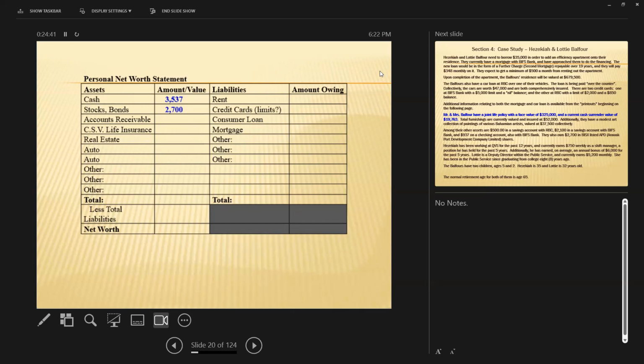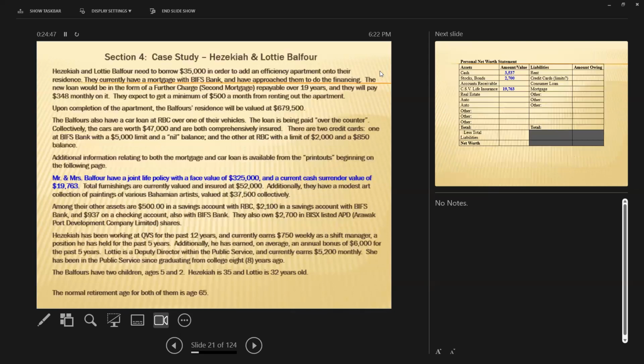Is there any cash surrender value in life insurance policies? Yes. Okay, so we're also given that information around the middle of the write-up. Mr. and Mrs. Balfour have a joint life policy with a face value of 325,000 and a current cash surrender value of 19,763.